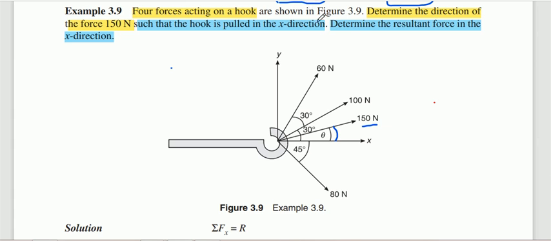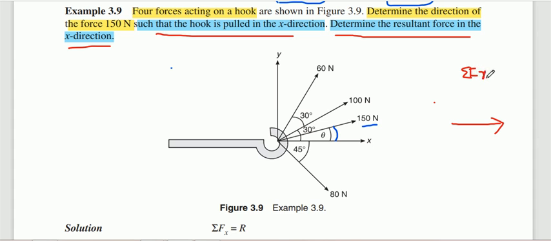Determine the resultant of the force in the x direction and the hook is pulled along x direction. So because all the forces are here, our resultant is acting along x direction. Therefore what is the condition? Summation of Fx is equal to R and summation of Fy is equal to 0.